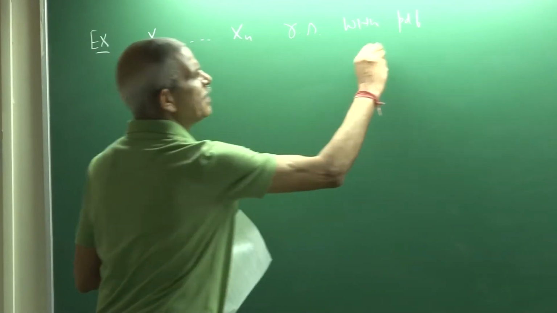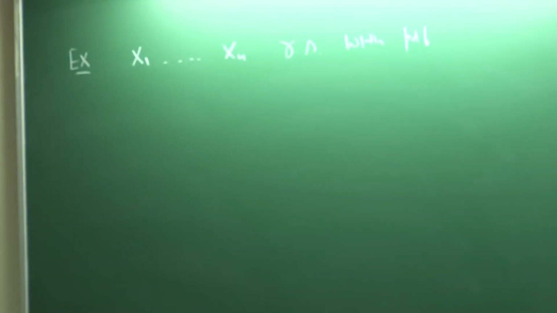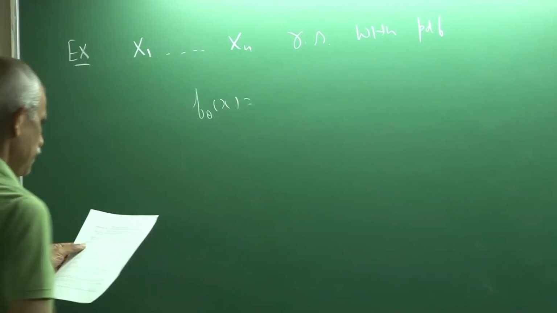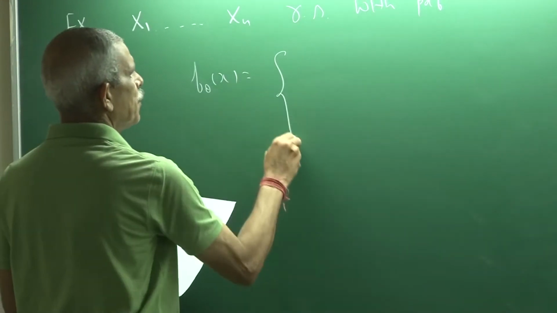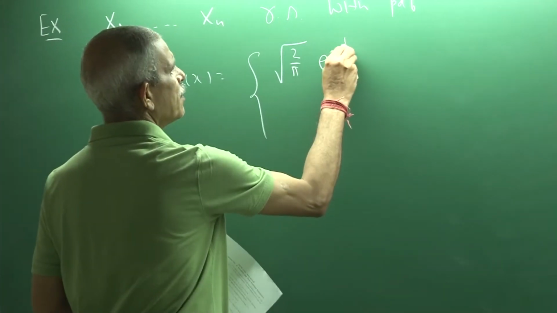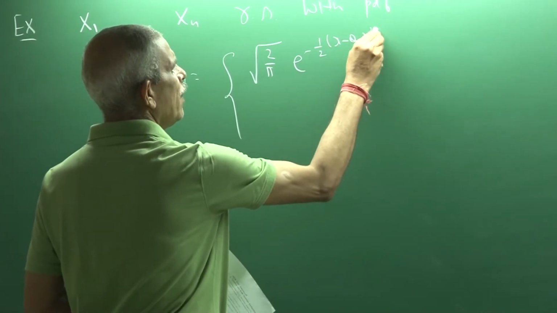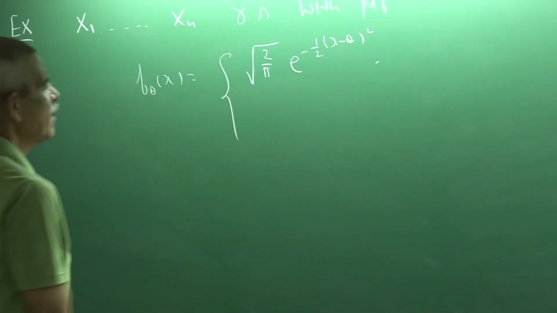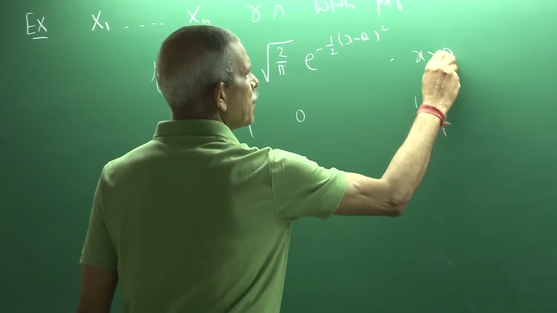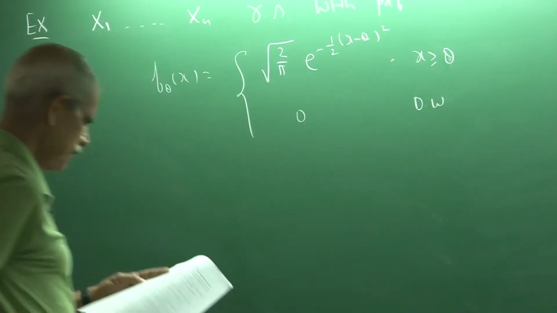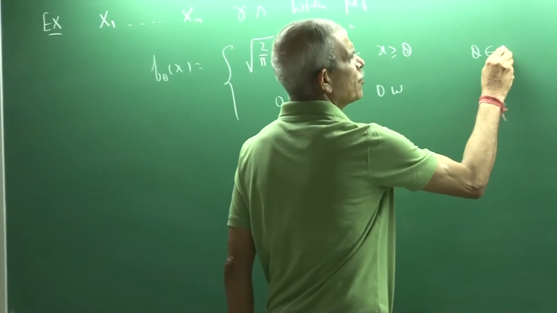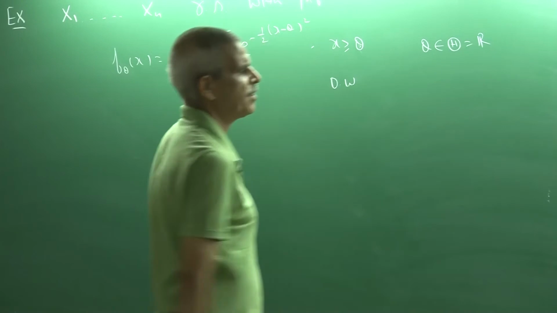The common PDF of X1, X2, ..., Xn is f_theta(x), which is square root of 2 by pi, e to power minus half (x minus theta) whole square, for x greater than or equal to theta, and 0 otherwise, where theta belongs to capital Theta, which is the whole parametric space R.